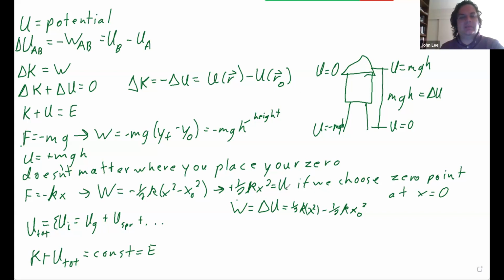This is just choosing the zero to be at x equals 0. So any change from x equals 0 is just going to be x squared instead of x squared minus x naught squared. All right.